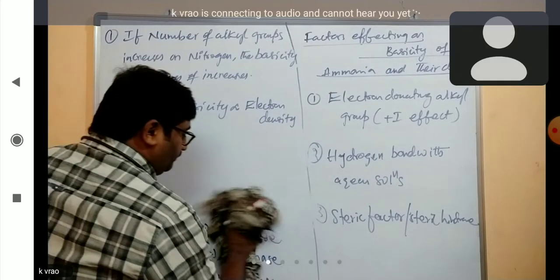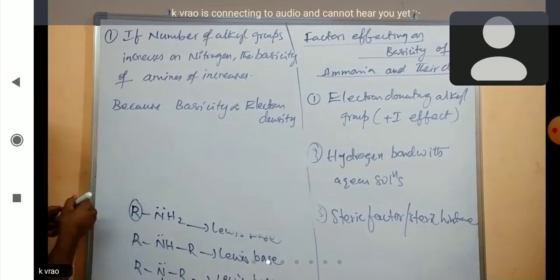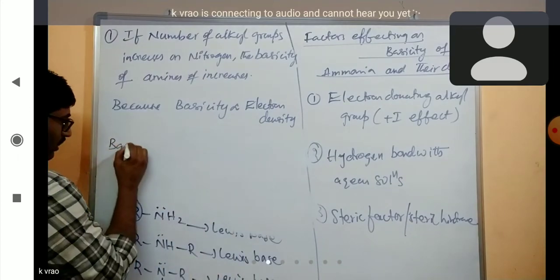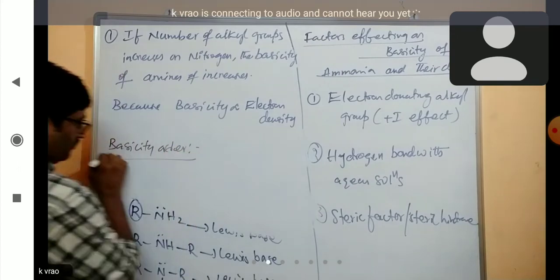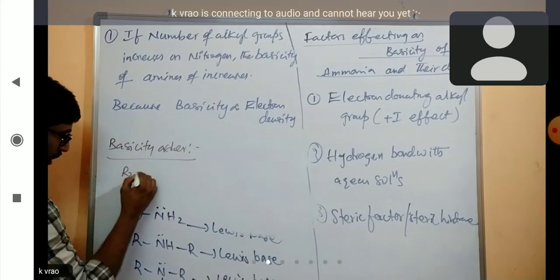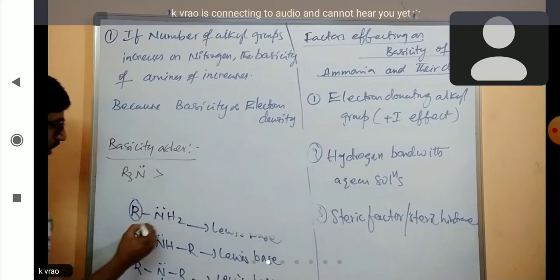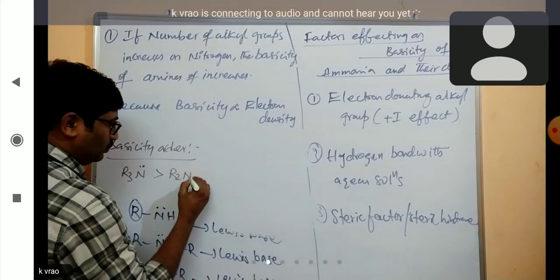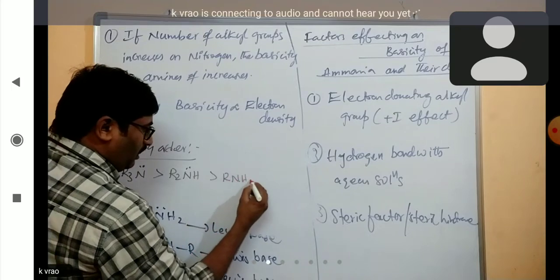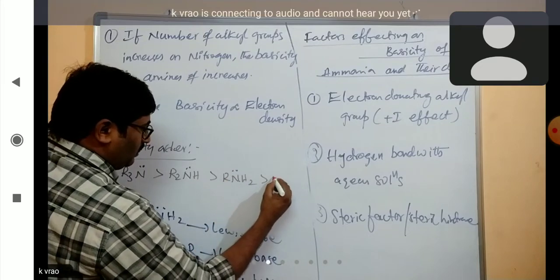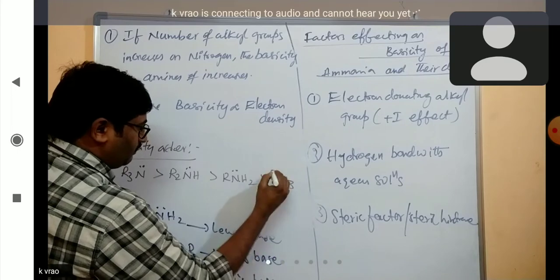So now the basicity order: R3N is greater than R2NH is greater than RNH2 is greater than NH3.